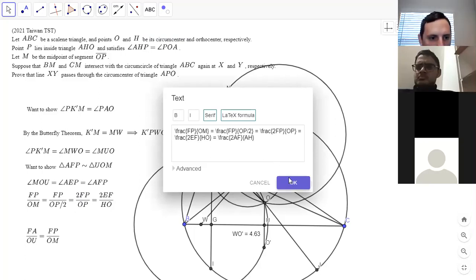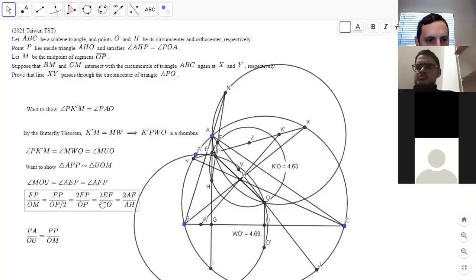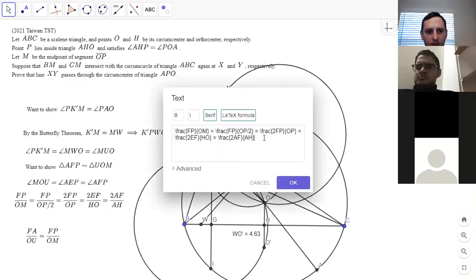And AH is double OU, so that is AF over OU. That will solve the problem.